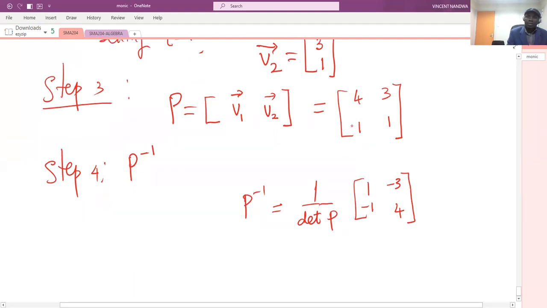The determinant of P is 4 times 1, 4 minus 3, which is 1. So P inverse will be 1 over 1, times the matrix 1, minus 3, minus 1, 4.